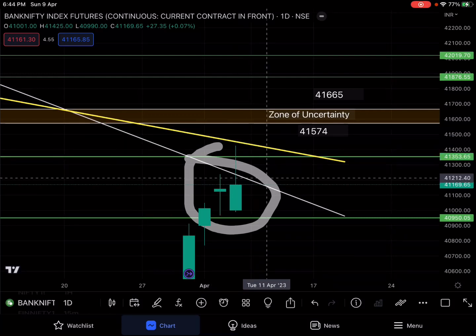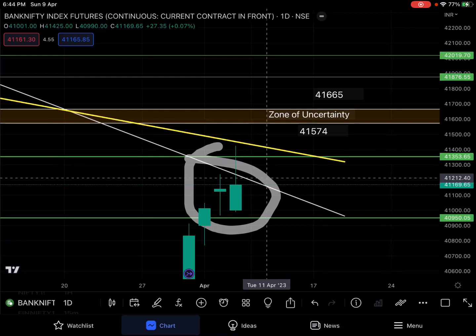With these resistances coming up, only if on a day candle we have a closing above 41,670 should we be long. So long above 41,670, you can enter the markets without any tension if you want to go into long futures.